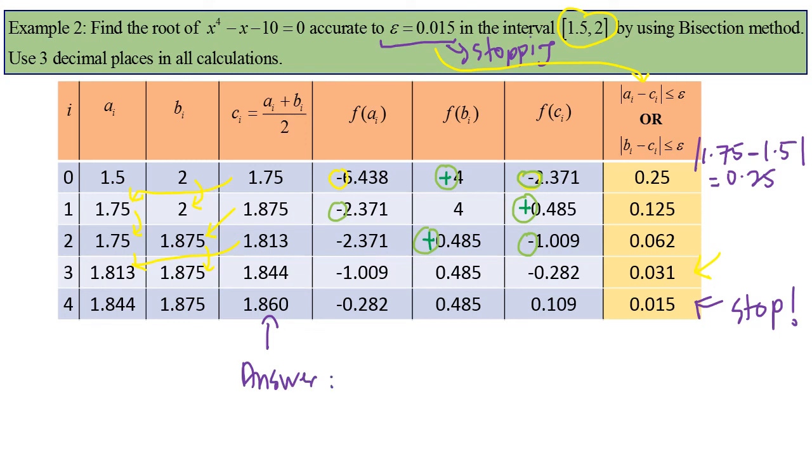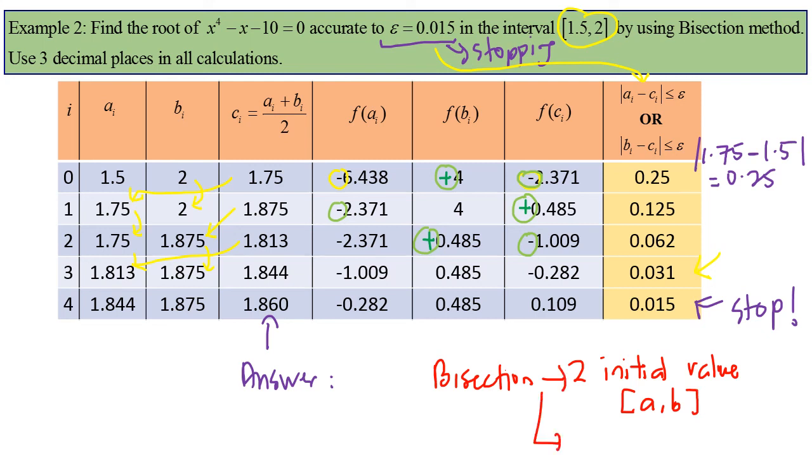So remember, for the bisection method, you have to have two initial values, based on the interval AB given in the question. And then bisection, and how to stop the bisection?